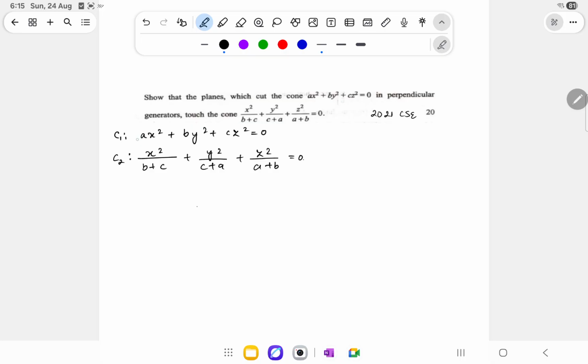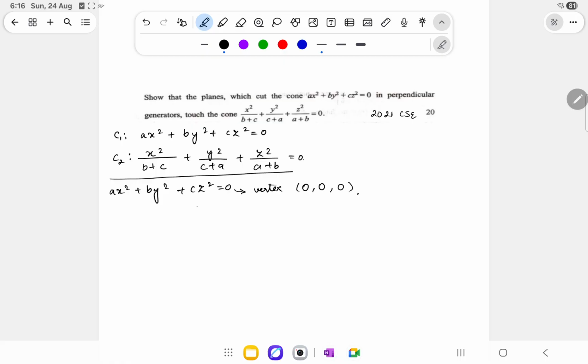First we'll look at cone 1 and then we'll see the conditions related to cone 2. So cone 1 is ax square plus by square plus cz square equals 0. If you observe that, like we did in the previous question as well, the vertex of this cone will be basically 0, 0, 0.